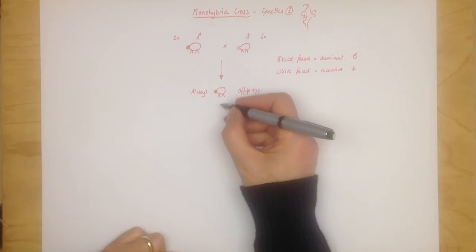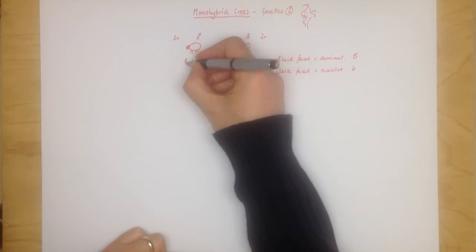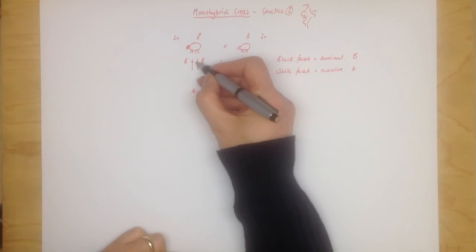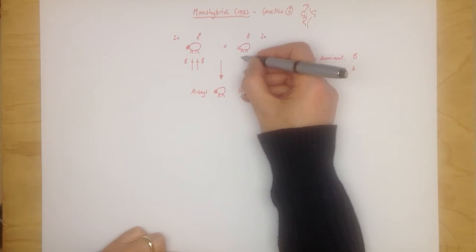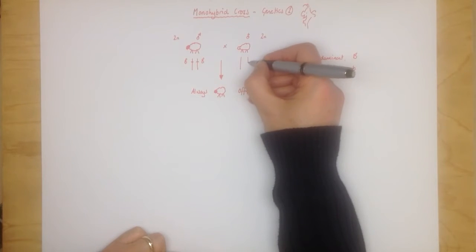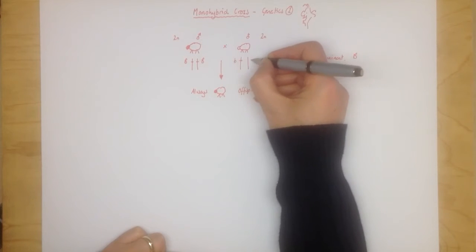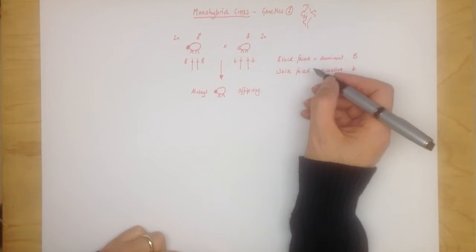So the ram has his 2 chromosomes, and on that chromosome he has the black-faced gene, and on the copy of the chromosome he has his second copy of the black-faced gene. On the same chromosome in the female, she has the white-faced allele, the recessive one.